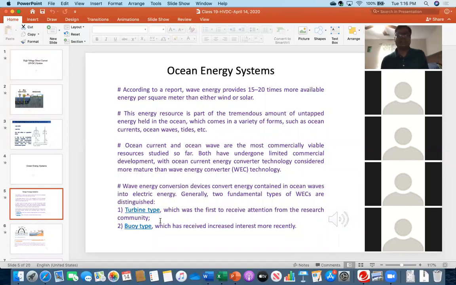So we'll be looking at some pictures and the power generation system of the turbine type and buoy type of the wave energy conversion system. So now first let's have a look at the turbine type.